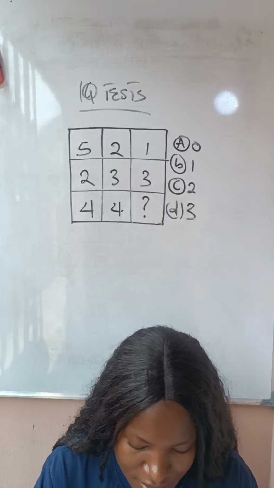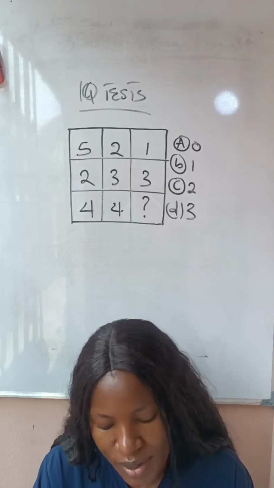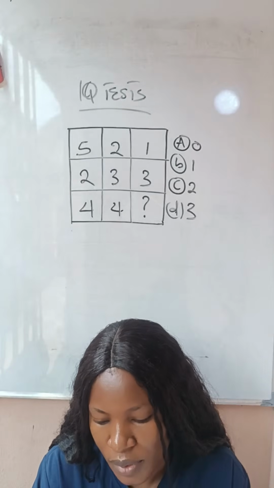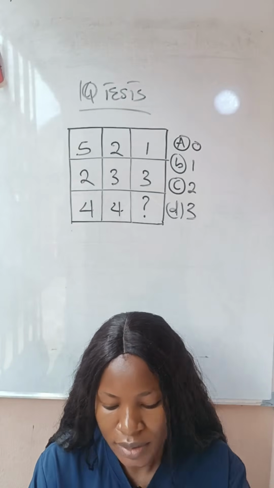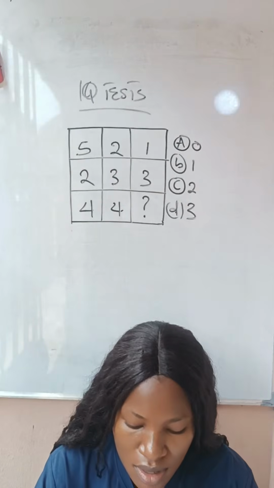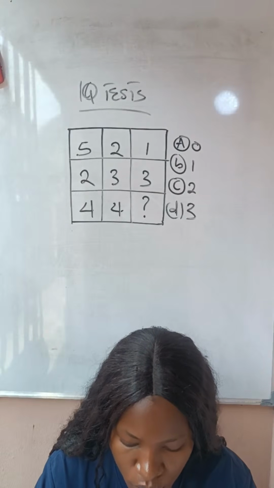All right, so let's go, guys. Please let's concentrate on what we have on the board. We have a 3x3 matrix, and this question says we should find the missing number. So what do you think the answer should be?